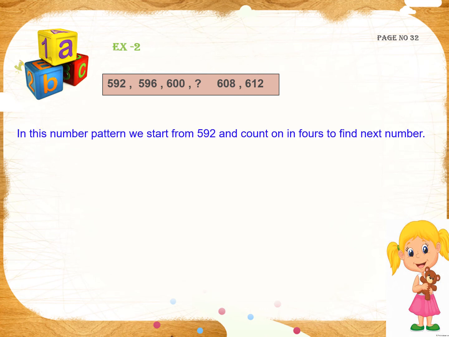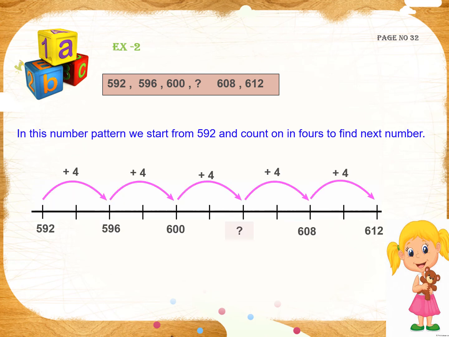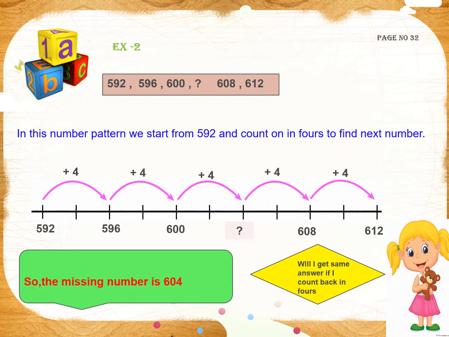In this number pattern, we start from 592 and count on in fours to find the next number. So the missing number is 604. Children, will I get the same answer if I count back in fours? So the missing number is 604.